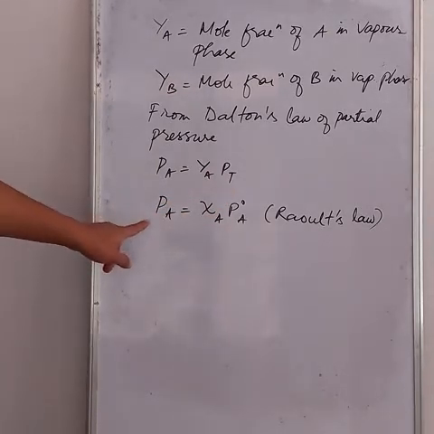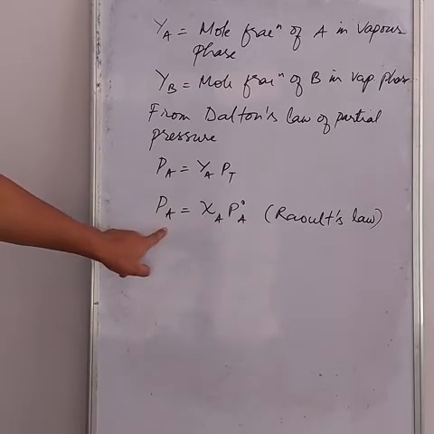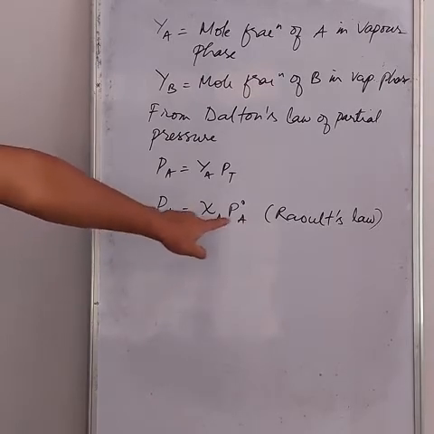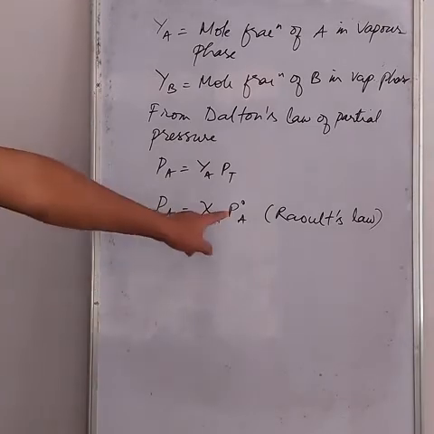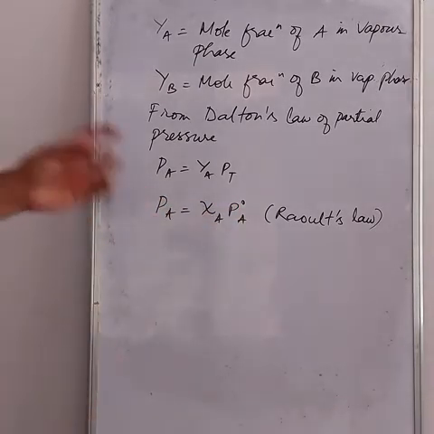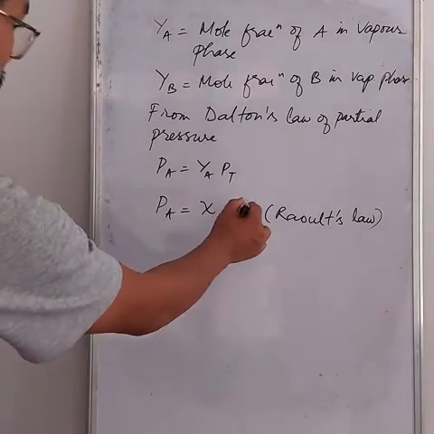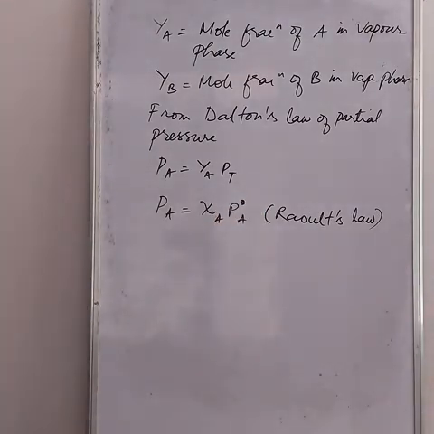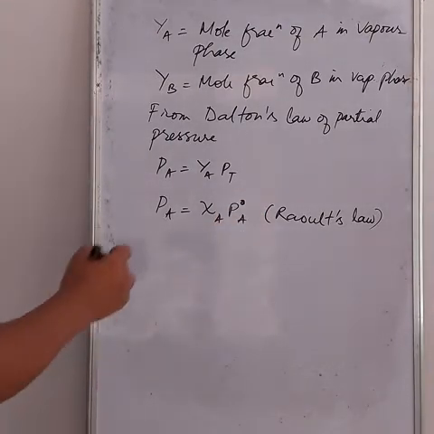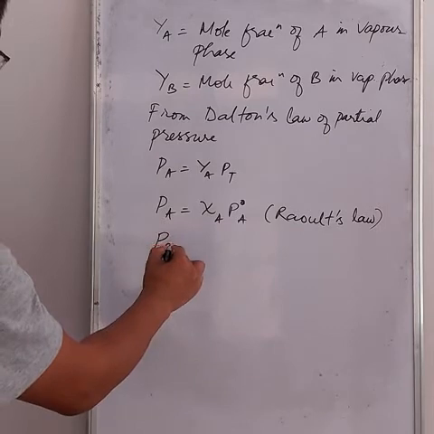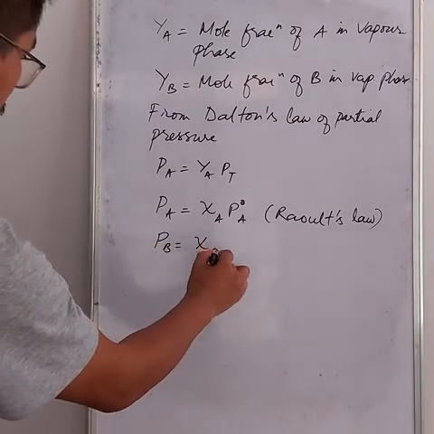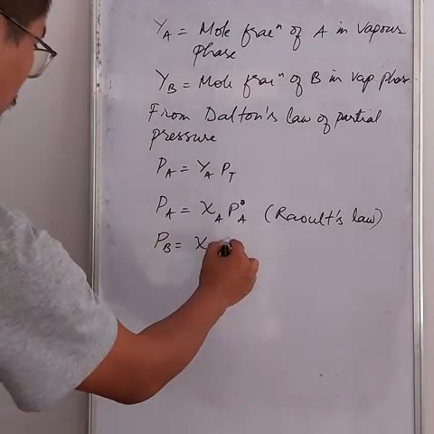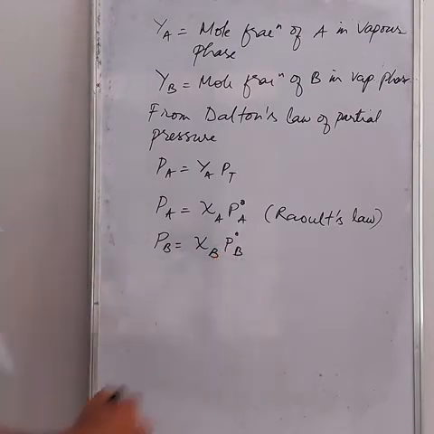And from Raoult's law, we've just derived that the partial pressure of A is equal to the mole fraction times the standard partial pressure of A. Similarly, for component B, it will be equal to the mole fraction of B and the standard partial pressure of B.